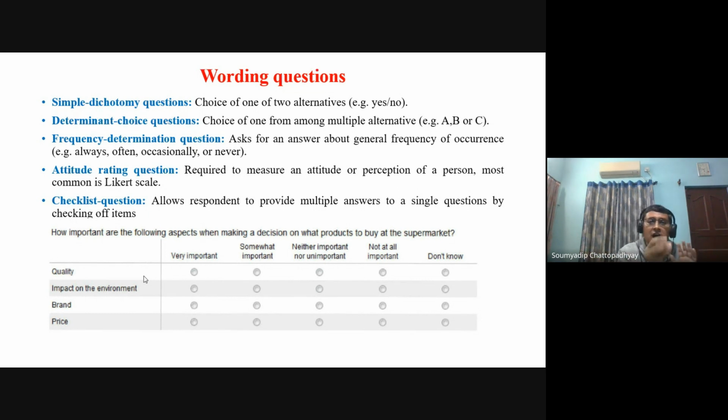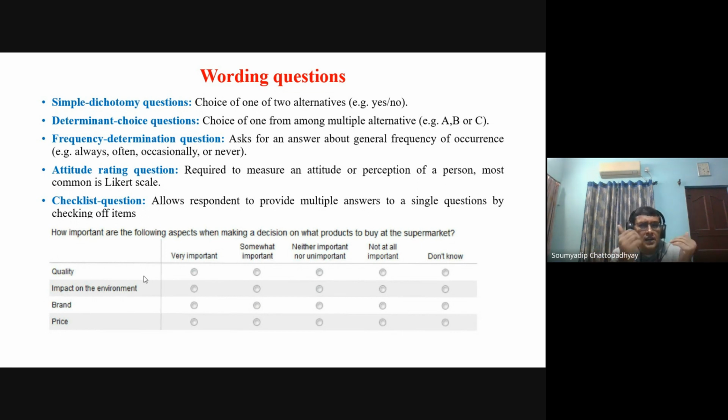It may depend on income, it may depend on locality, it may depend on the number of family members. There are many factors on which the household decision to own a house will depend. Now obviously here, whether the family is owning a house or not can be a simple dichotomy question, because either the family will be owning a house or the family will not be owning a house.